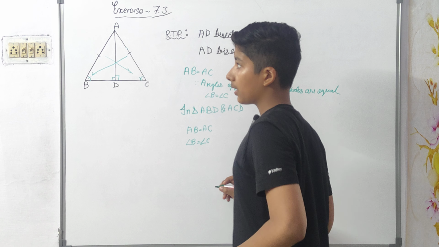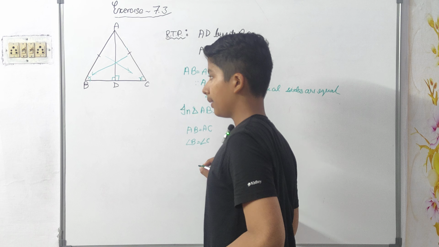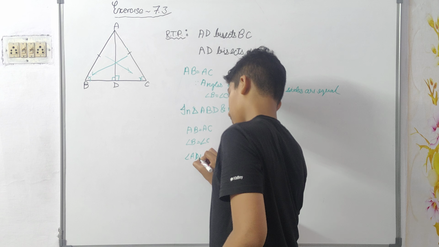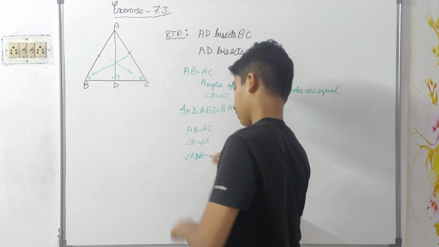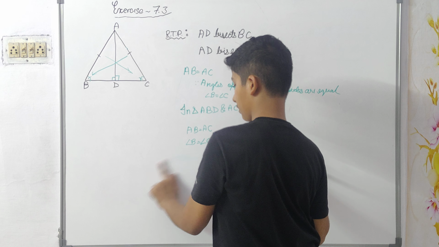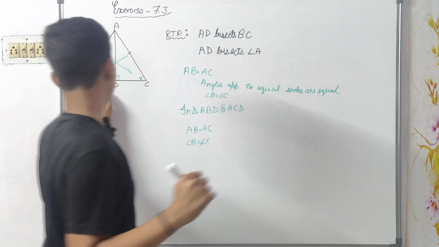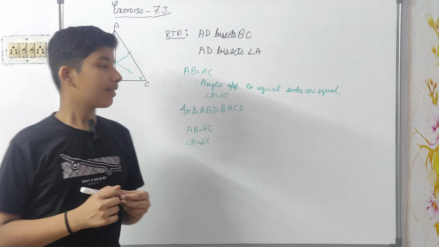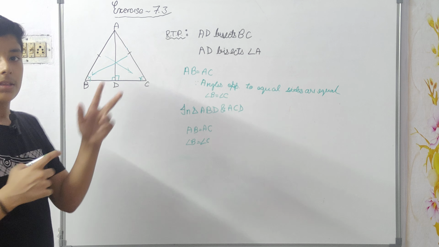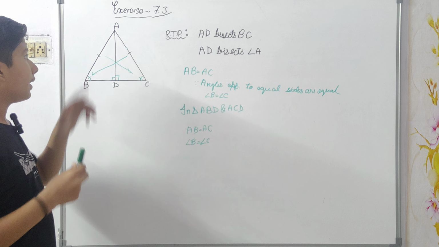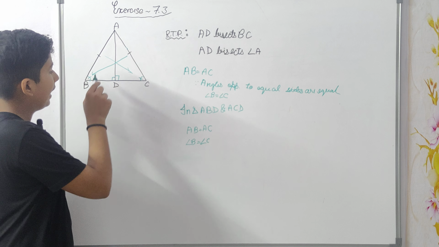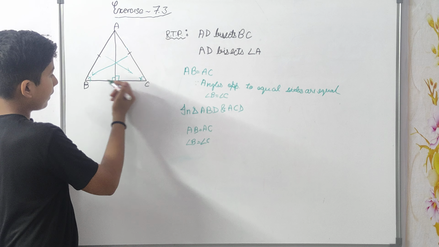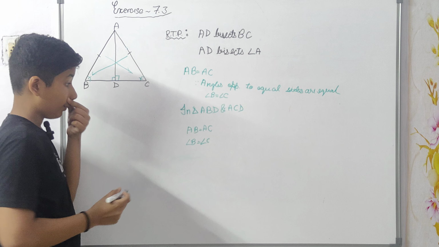This angle ADB equals to, but wait, A and S, there is no rule. Yes, we can use AAS. Okay, so there can be two properties applied. Either we can say this side and this angle is equal, or we can say that this angle and this side is equal.